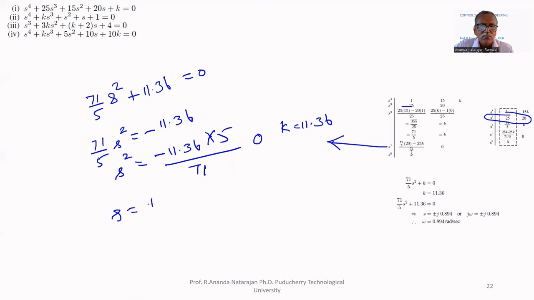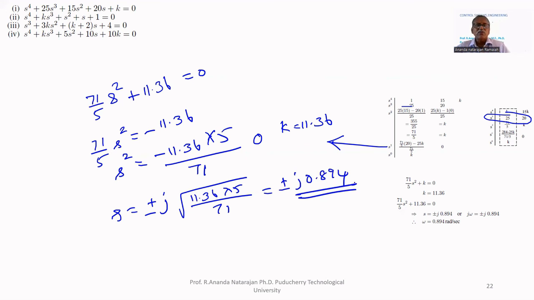Therefore, s equal to plus or minus j square root of 11.36 multiplied by 5 upon 71, that is equal to plus or minus j 0.894. The frequency of oscillation is 0.894.